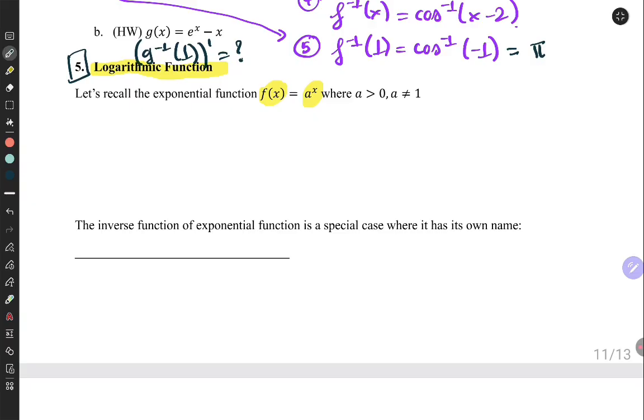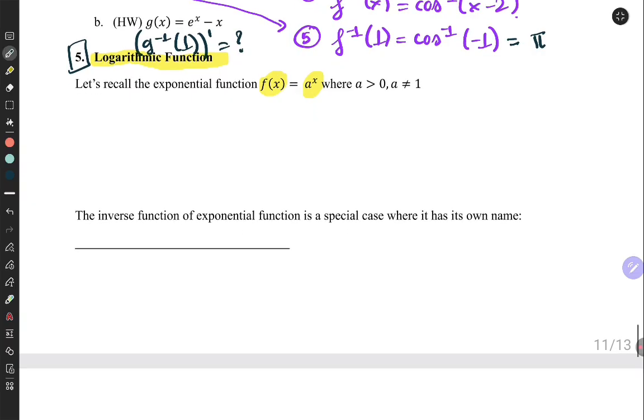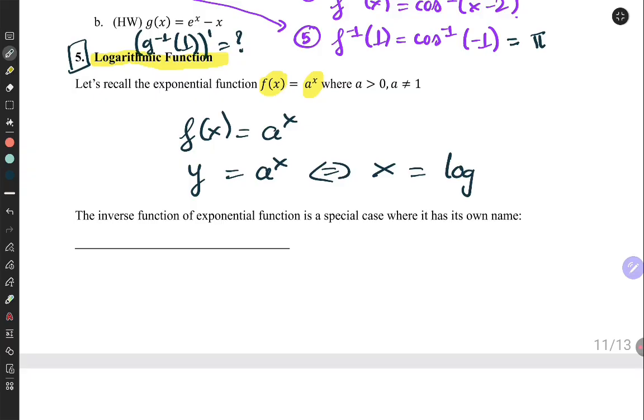Then the inverse function of the exponential function, we write like this: y equals a to the power x if and only if x equals logarithm base a of y.